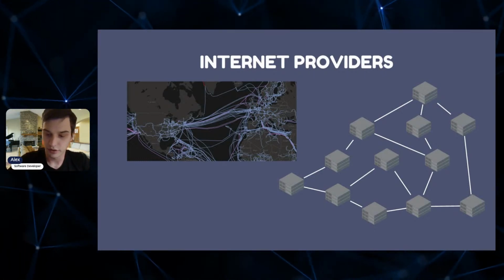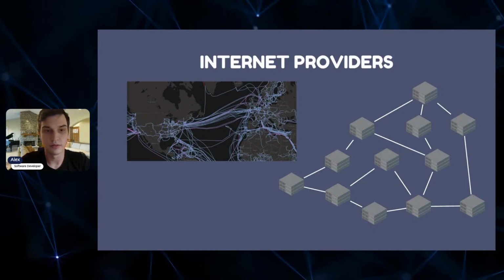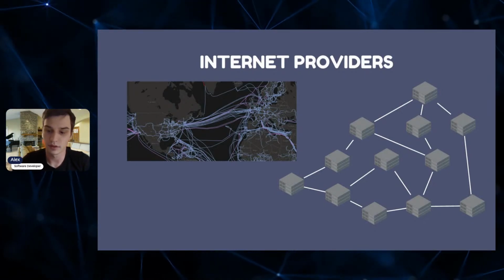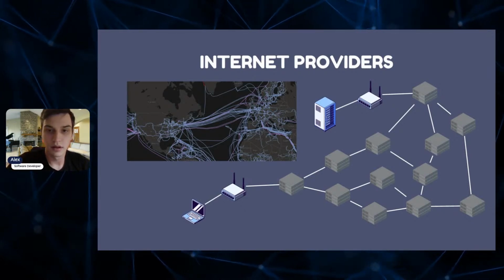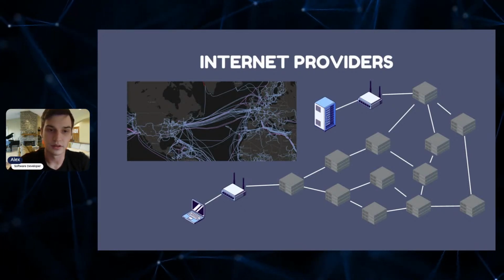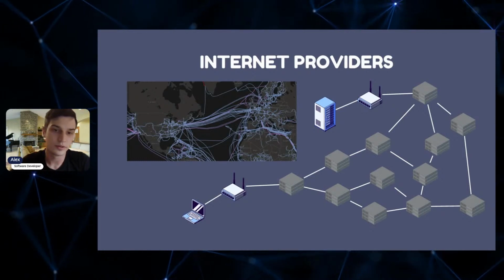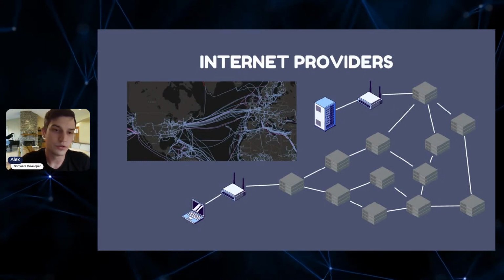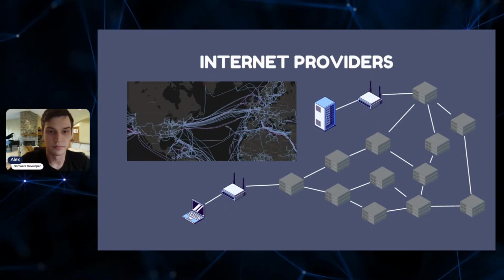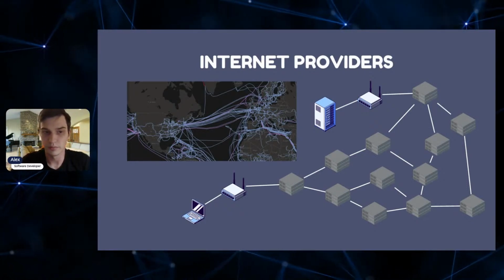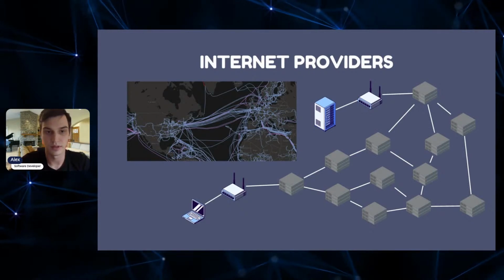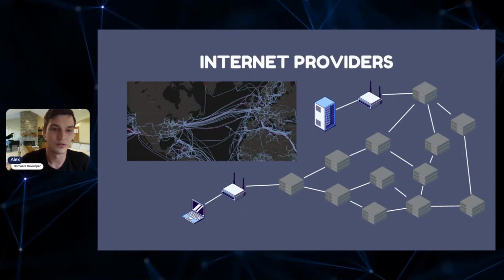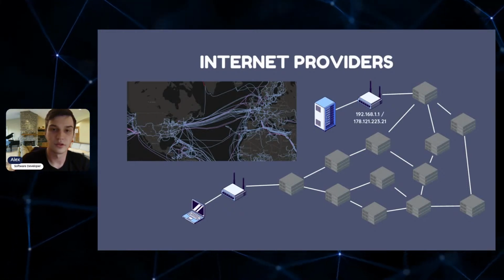Let's imagine a situation where we have a laptop and we want to connect to some server. The server is connected to its own router. Our laptop is connected to our own router. And what do we need to know to connect to the server? At first, we need to know an IP address, because if there is no destination, how will we send the message to the server?